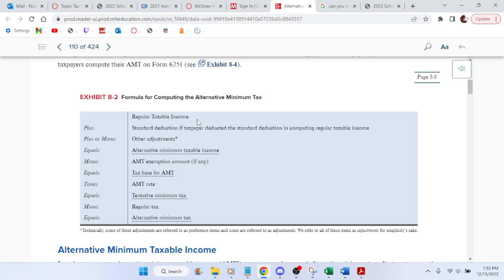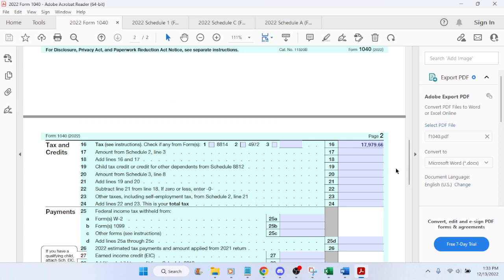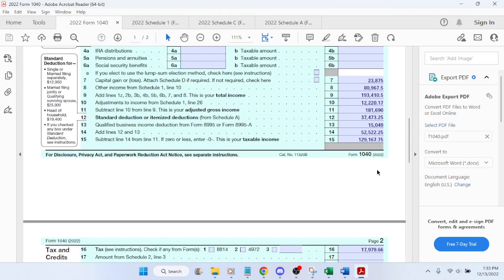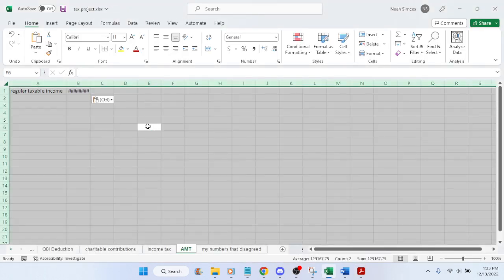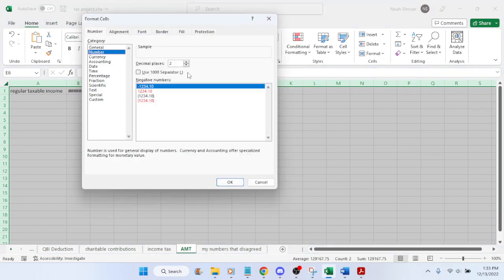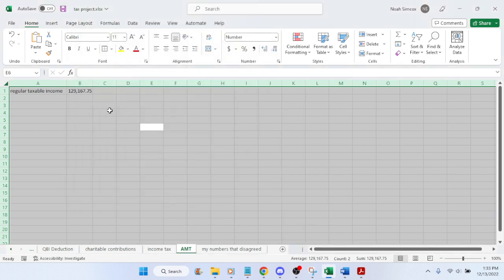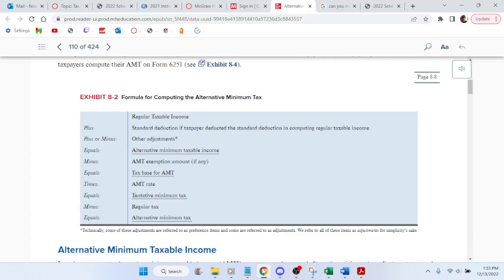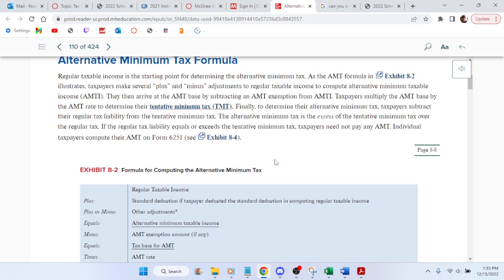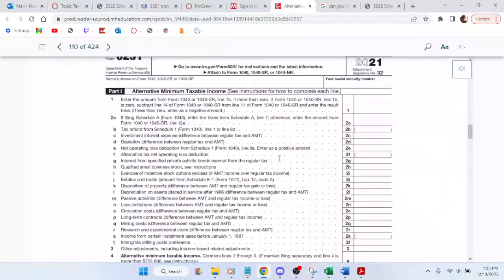Oh, come on. Regular taxable income is this. Standard deduction. Oh, what are we supposed to do if it's not standard deduction? Let's see.